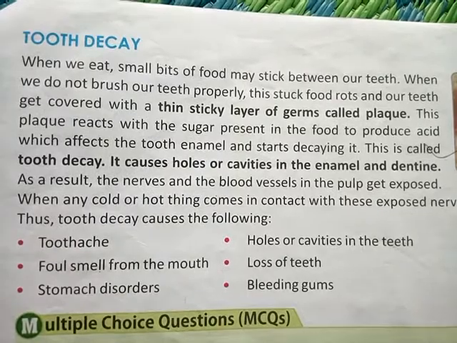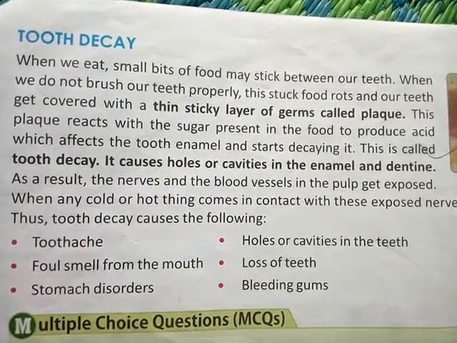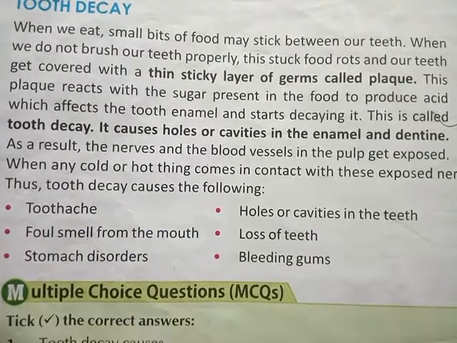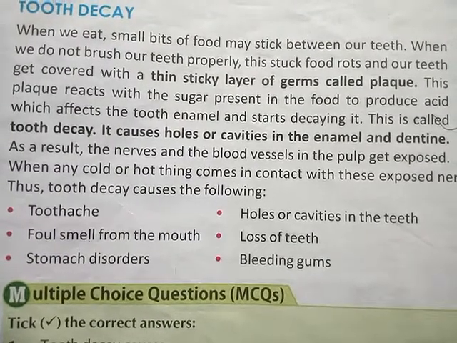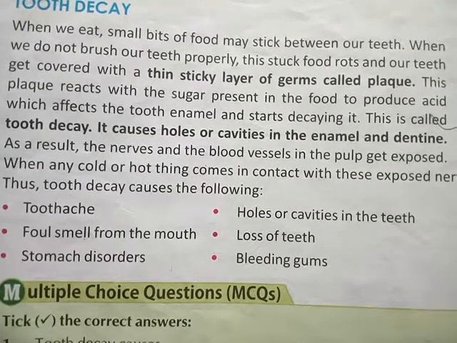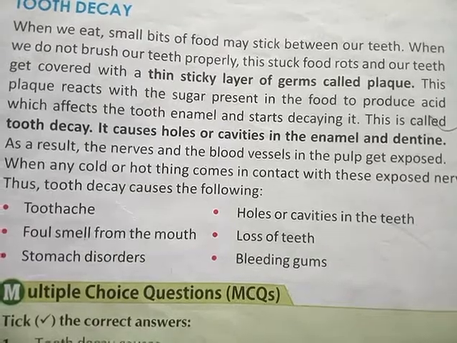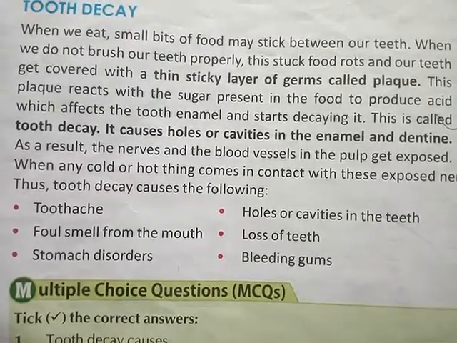This plaque reacts with the sugar present in the food to produce acid which affects the tooth enamel and starts decaying it. This is called tooth decay.